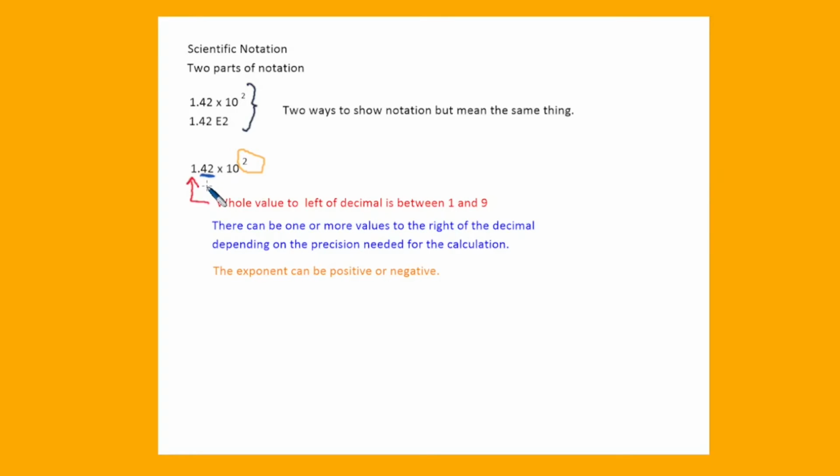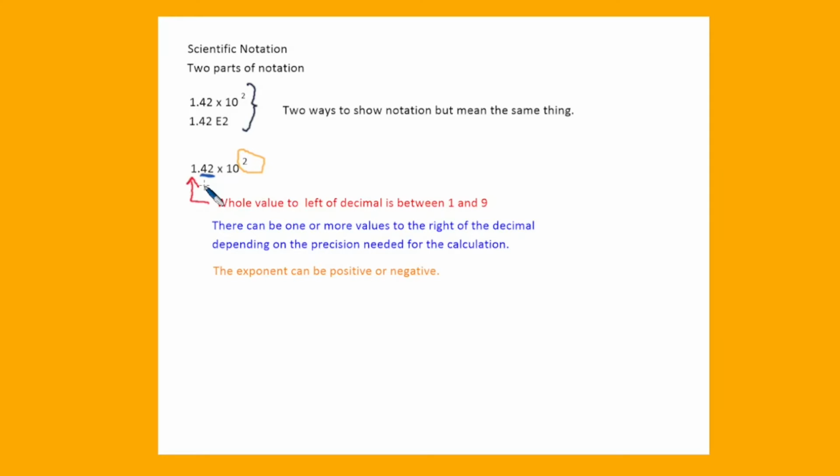there can be one or more values to the right of this decimal. And that is really dependent upon the precision that you want in your calculation. And also, if you're using this in a computer, the precision of your computer and how many decimal places that it can manage. The final part to this is the exponent, and that number can be a positive value or a negative value.